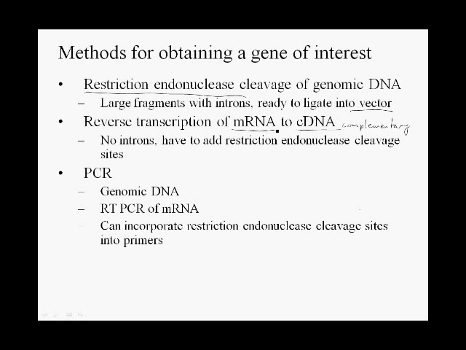If we're still interested in cloning the CFTR gene, the messenger RNA for CFTR contains all of the coding information to make the CFTR protein, but it's much shorter, only a little over 6,000 nucleotides long. But we can't clone messenger RNA directly. Instead, we have to convert the messenger RNA to a copy DNA sequence, or complementary DNA sequence.